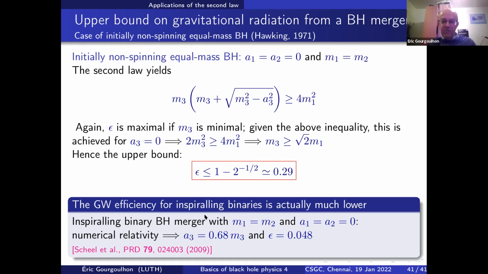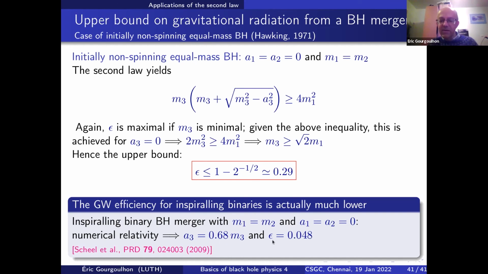This efficiency has been computed from numerical relativity. For instance, in that paper, if you take two Schwarzschild black holes of equal mass on circular orbit and you let them merge, then you get a final black hole, which is a Kerr black hole, quite a rapidly rotating Kerr black hole, 0.68 in terms of the relative spin.